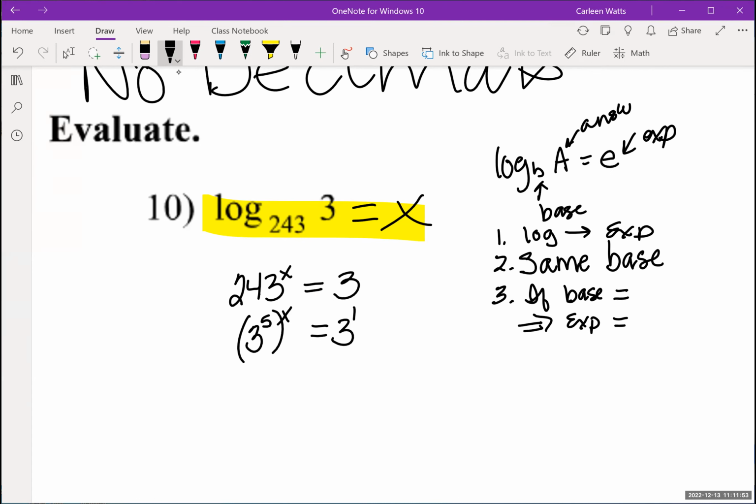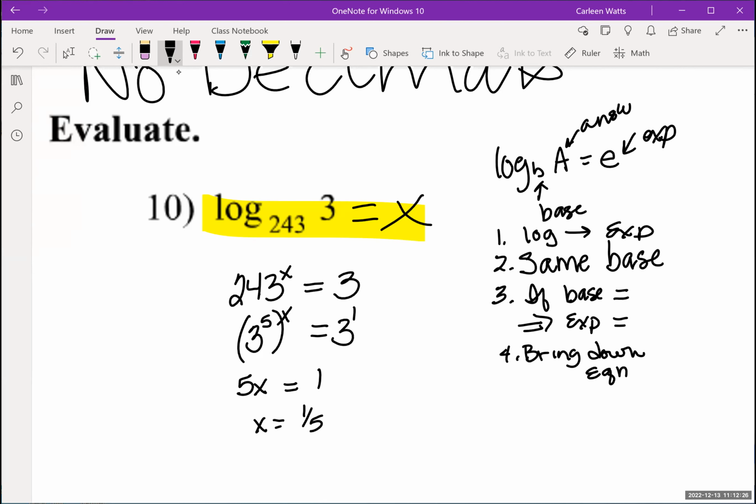That happened this week. Okay. So we bring down the equation. 5x is equal to 1. If the base is the same, then the exponents are the same. So x is equal to 1/5.